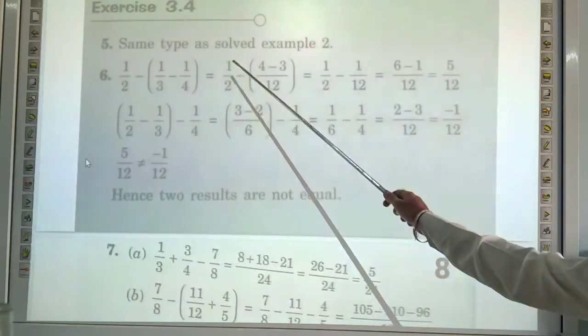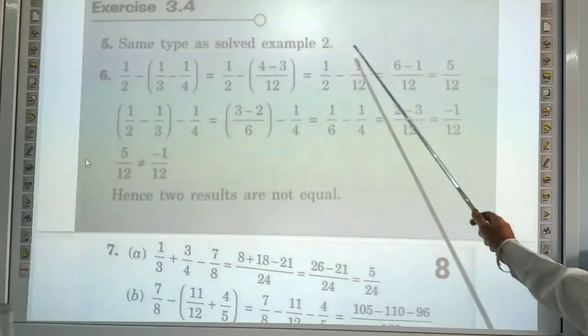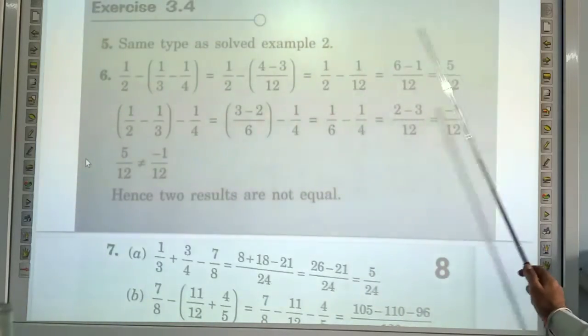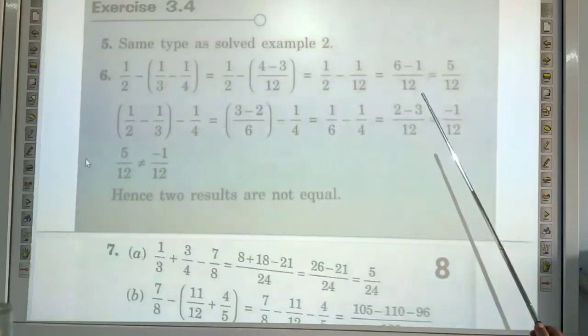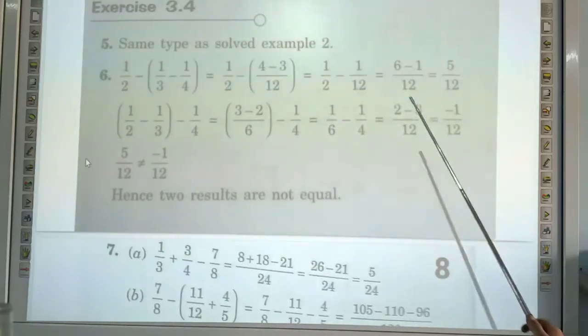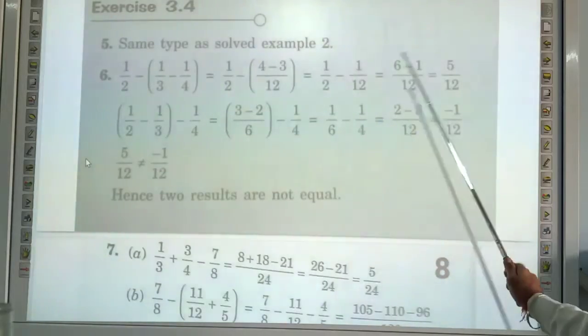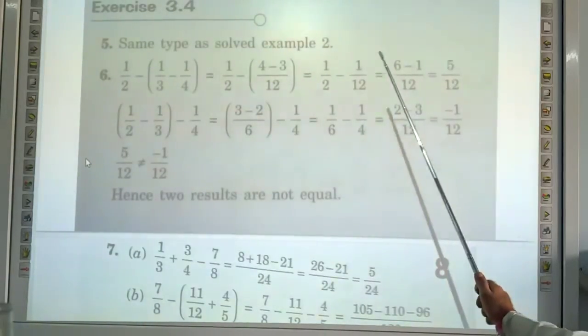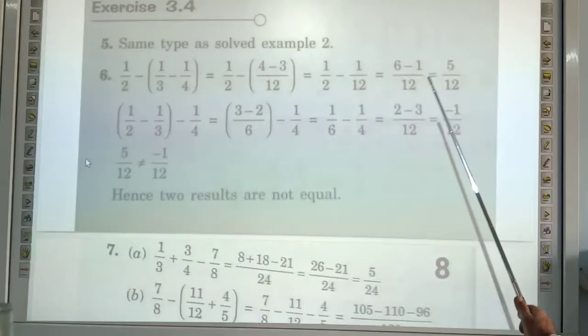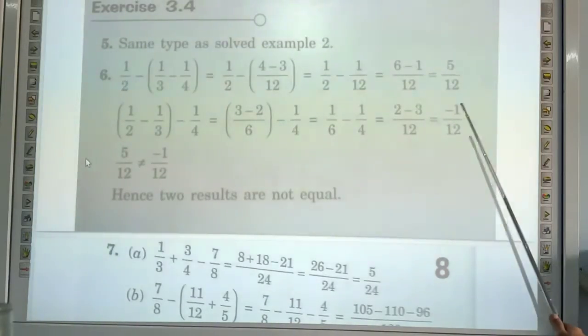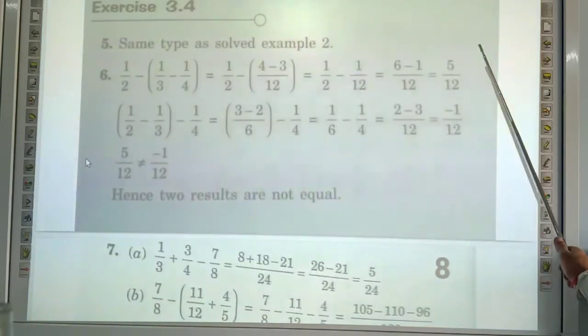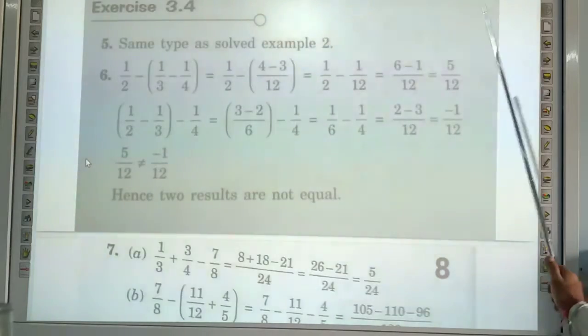So we get 1 upon 2 minus 1 upon 12. And then in the next step, the LCM of 2 and 12 is 12. 2 6s are 12, so 1 6 is 6. 12 1s are 12, 1 1 is 1. So in the numerator part, we get 6 minus 1, which is 5. So finally we get 5 upon 12.